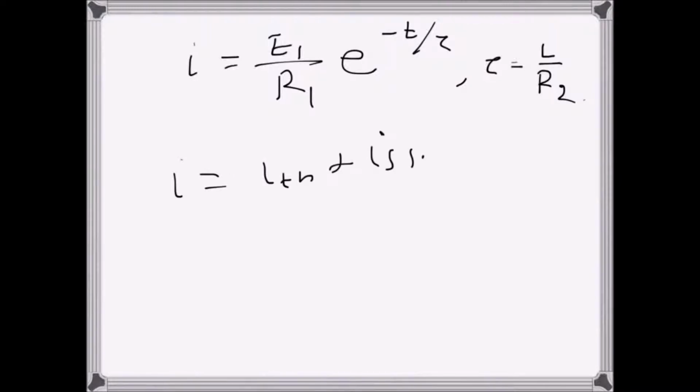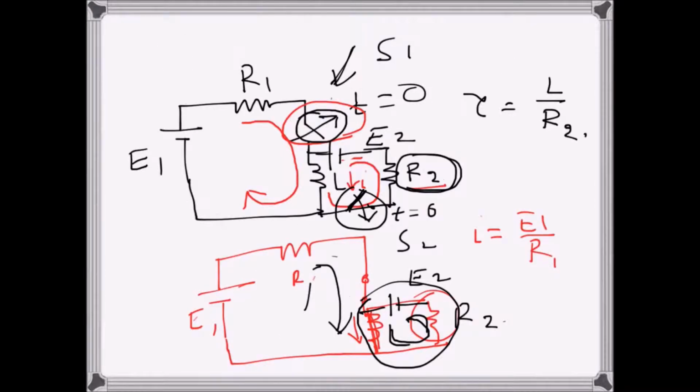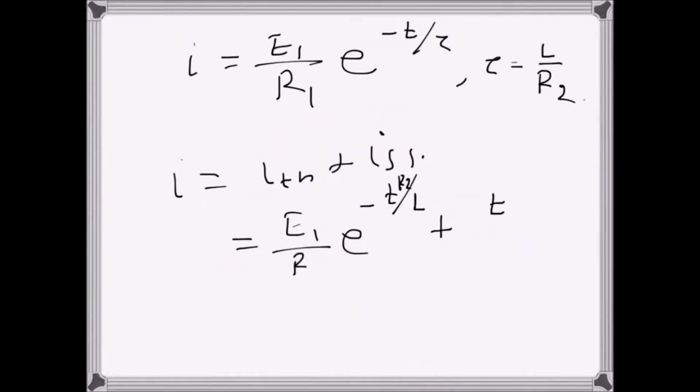I transient is the same as before, E1 over R1 e to the power minus t over tau, which is L over R2, plus the steady state. Now the steady state current is not 0, the steady state current is E2 over R2, because of the presence of the voltage source it won't decay to 0.